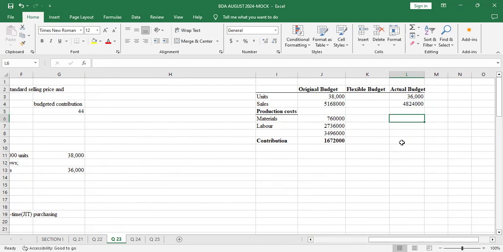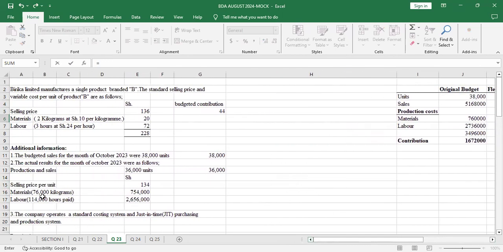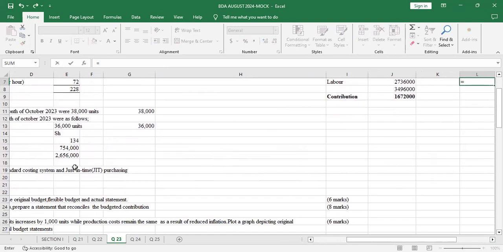Then we'll go to materials. For actual, already we were given the amount, so we won't calculate anything. We are told here that material used was 754,000. So we just select that. Then labor is the same. We are given here 2,656,000 as the actual.